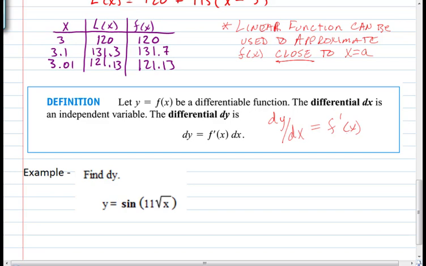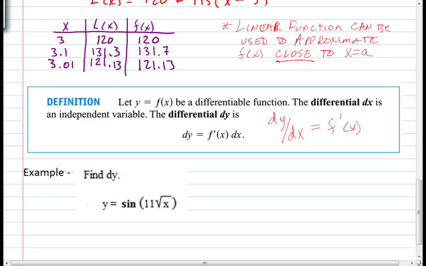If you multiply both sides by dx, as if this were a real ratio, this is what you would end up with. Well, dy is just the change in y as x changes by dx. So that's that wiggle room that you're talking about in the linearization problem, your margin of error there.